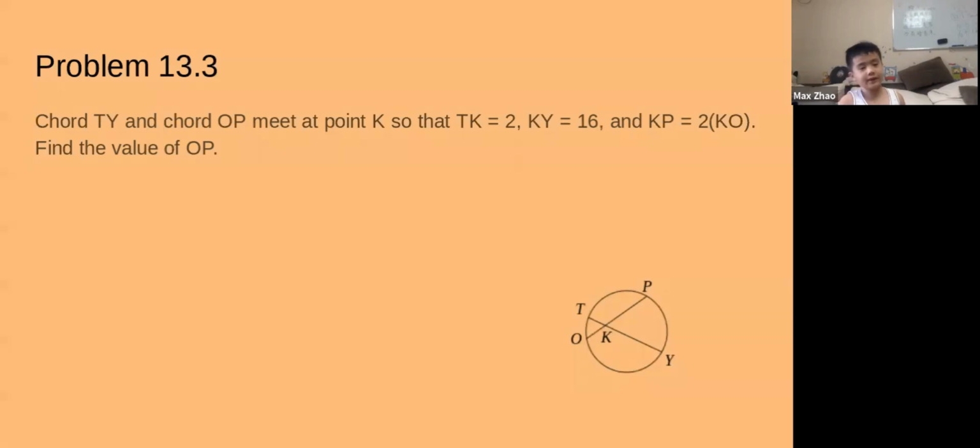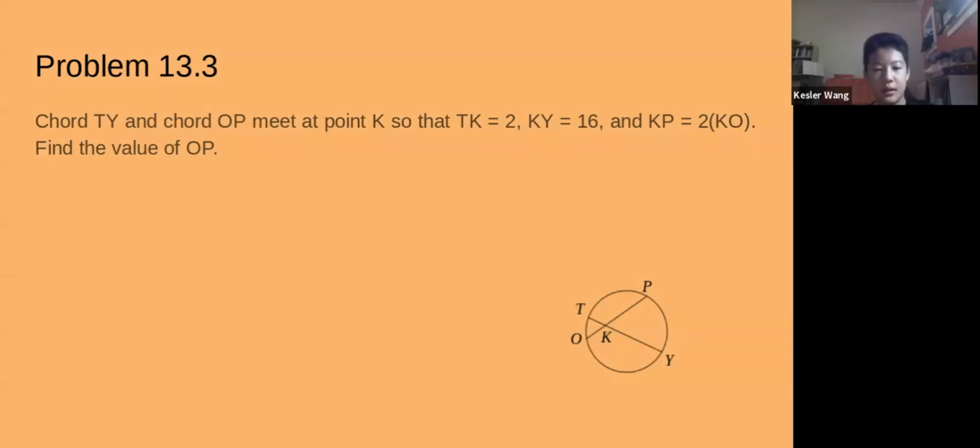So we only need to find the value of K. I wanted to say, because we can use the power of a point theorem, PO equals TY. And if TK plus KY equals 18, then PO should equal TY. So OP should equal 18.